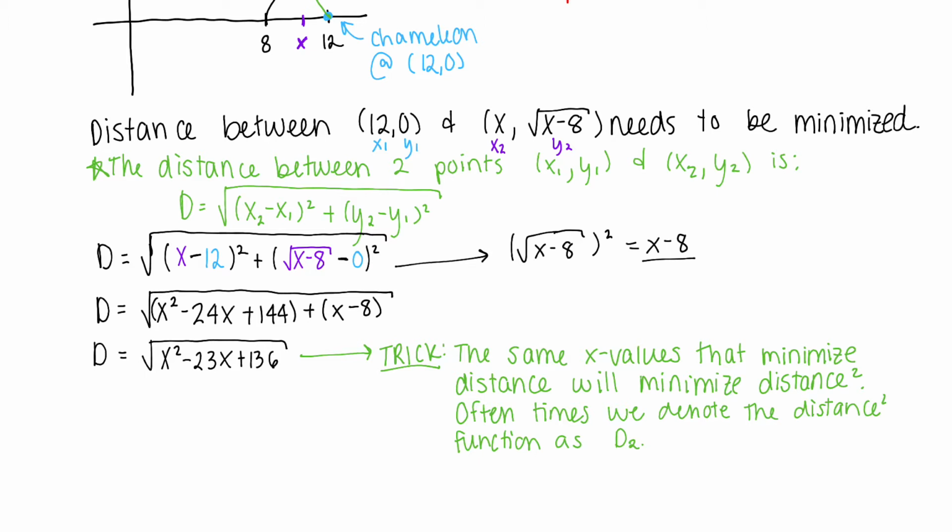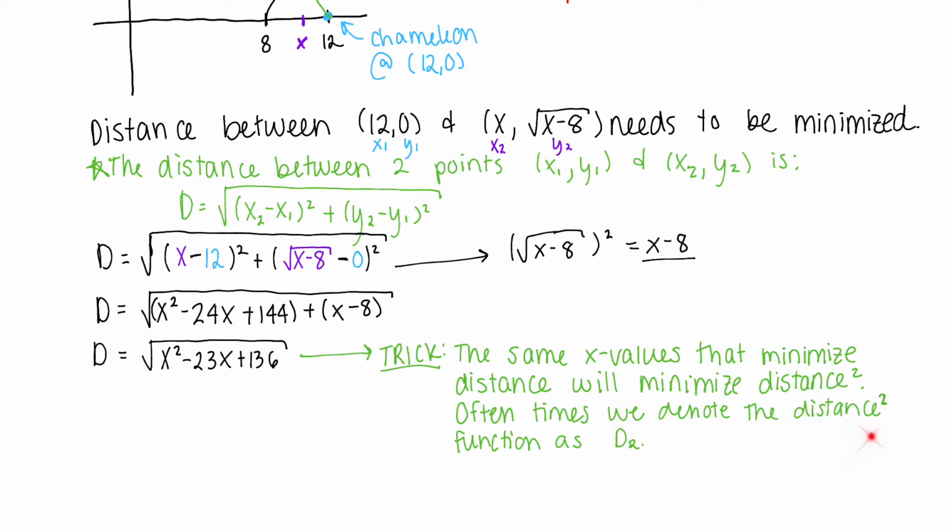So something to note, oftentimes we denote, if we're going to use distance squared, because this happens frequently enough, instead of writing d squared, because we don't really want to talk about it as d squared, we want to talk about it as a brand new function. The function is distance squared. We put it as a subscript instead of a superscript so that it doesn't look like a square.